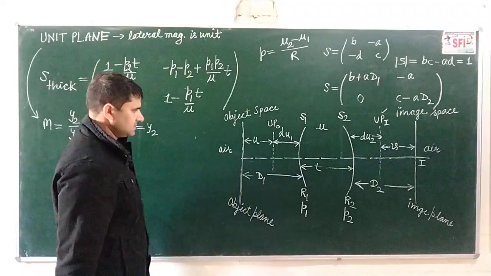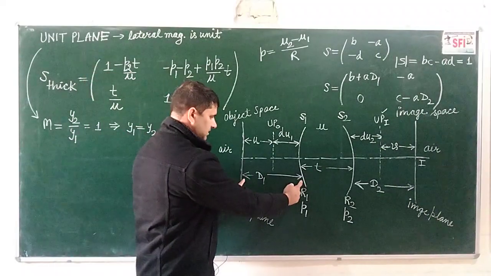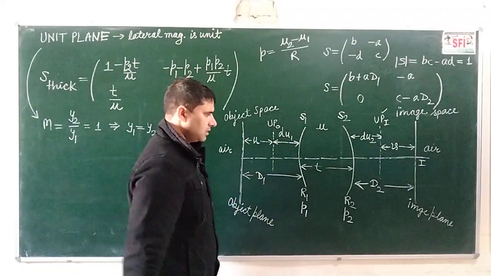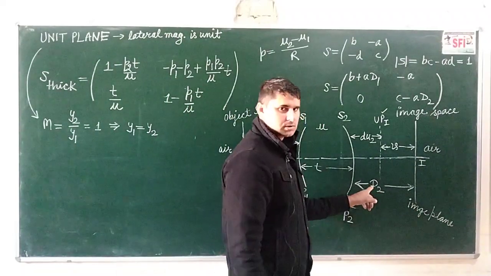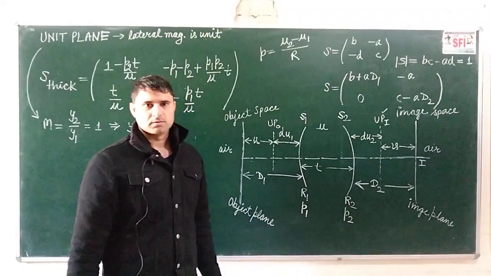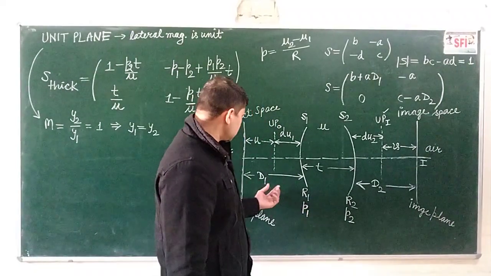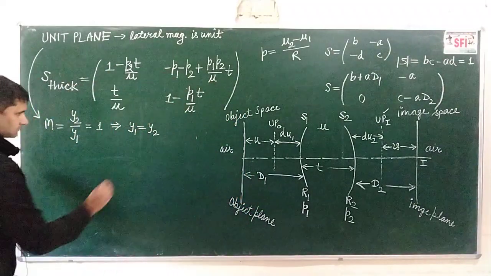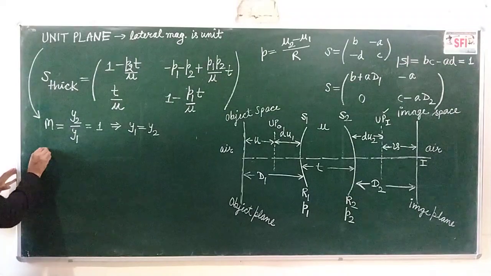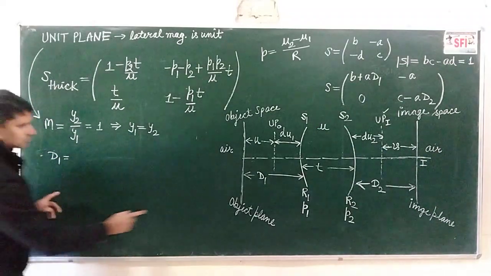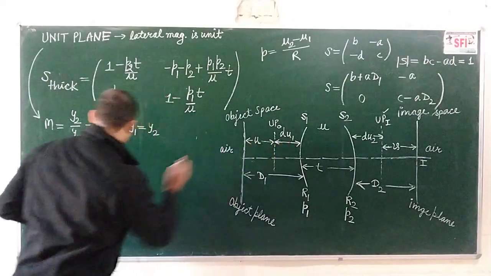So from here you can see the total distance d1 is equal to u plus du1.